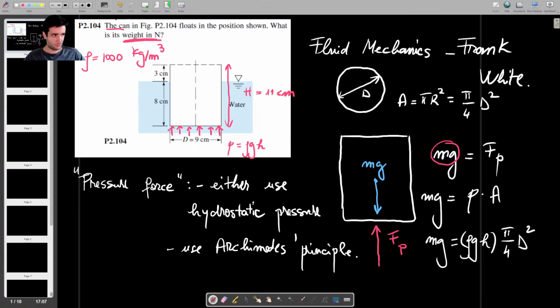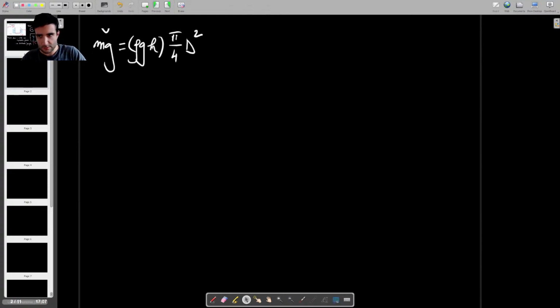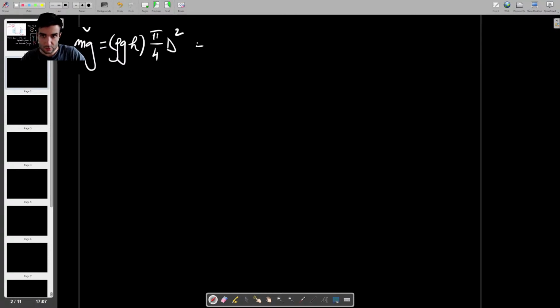So all we have to do now is just calculate the right hand side. Let me take the whole thing with me, and this is equal to 1,000, that's the density, and then 9.81. Then I have the h.